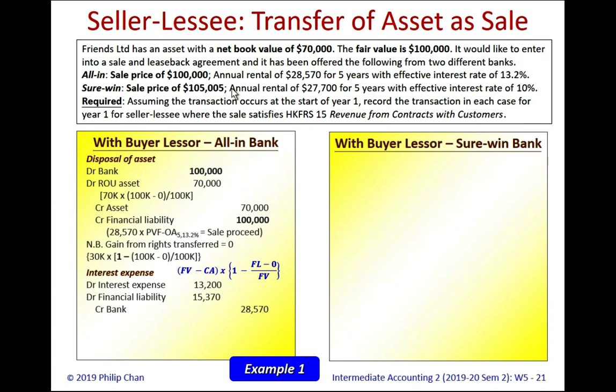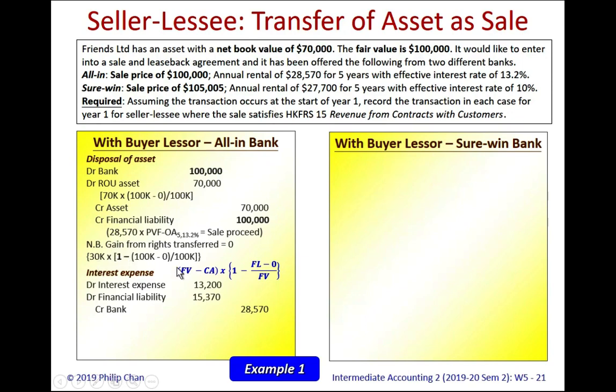Just in case some of you were curious, you can work out the gains from rights transfer by using the formula, and check whether the final figure would be 0 or not by substituting the information. Remember, the formula is total gain times 1 minus financial liability minus 0 divided by fair value, in other words, 1 minus retain ratio. Let's do that. Fair value compared with CA: fair value 100, CA 70, which is 30.